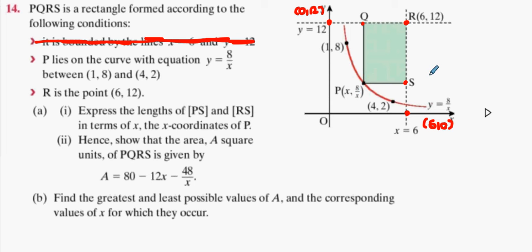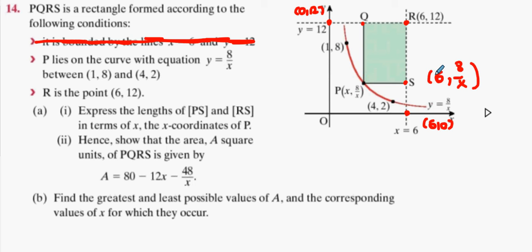So it's 6 and 8 over x. Is that okay? And technically, we know the x value. Same x value. Yeah. So the x values are different, but the y values are the same.